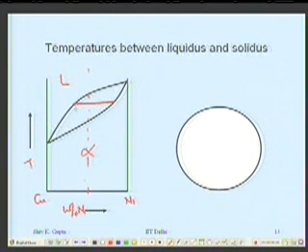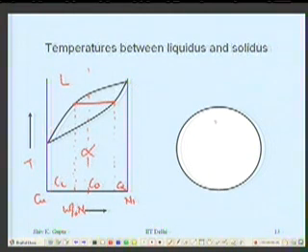This is the composition of the liquid phase, which is different from C0, and this is the composition of the solid phase, which is also different from C0. C0, Cl and C alpha. Those are in equilibrium. Right?